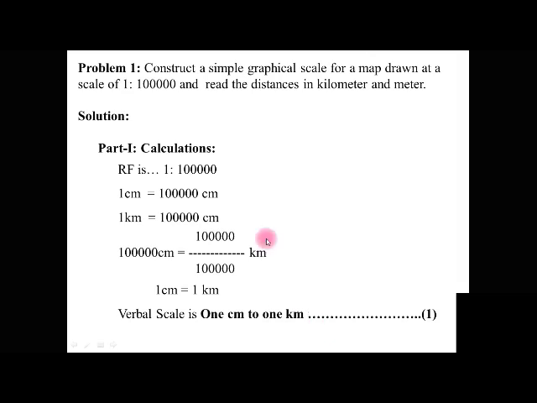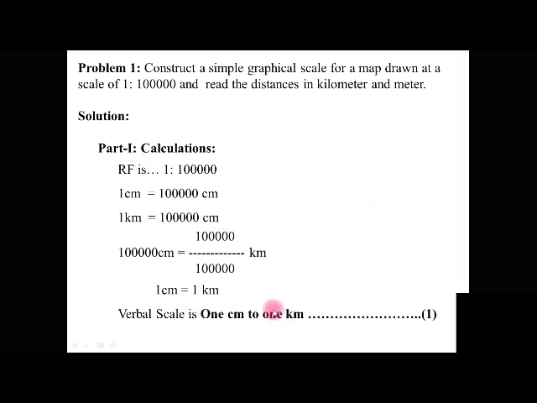Now sometimes it is possible that in the question the examiner may give the direct statement scale, and he will ask to construct the graphical scale to read kilometer and meter like this. So in that case you need not do this step, you can ignore it.